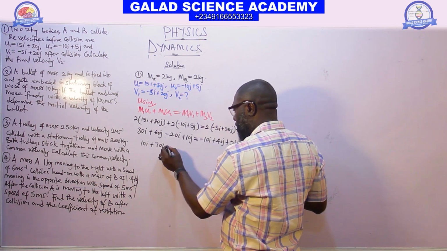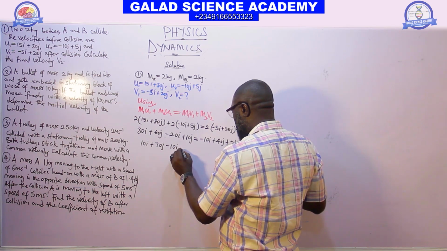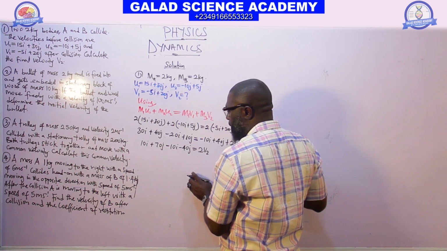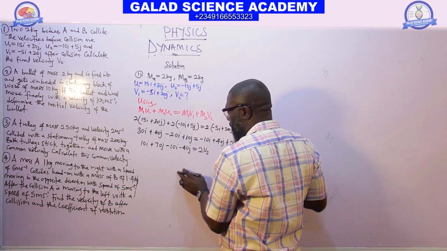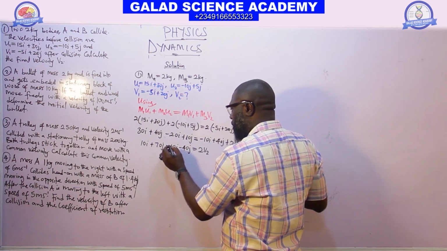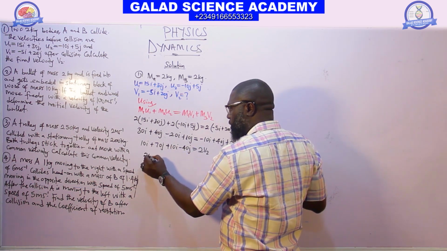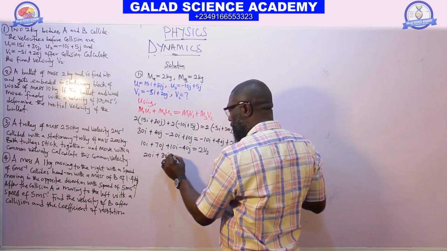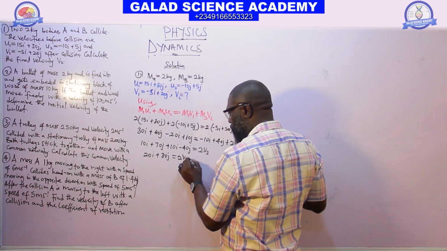If this comes here, minus 10i minus 40j equals 2v2. This will come plus. We have 20i plus 30j equals 2v2.